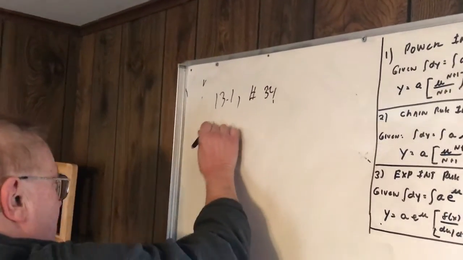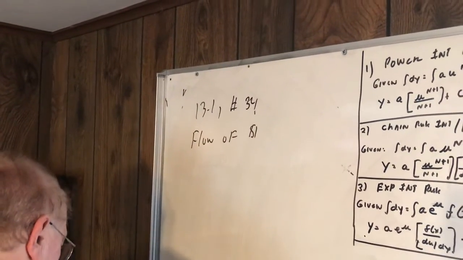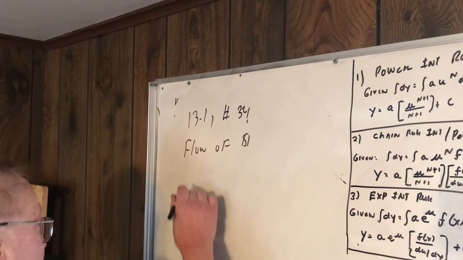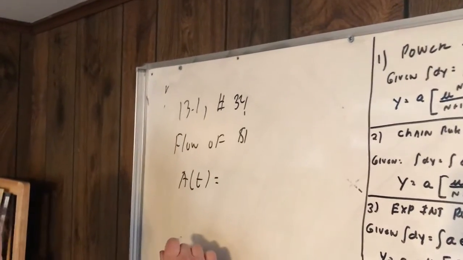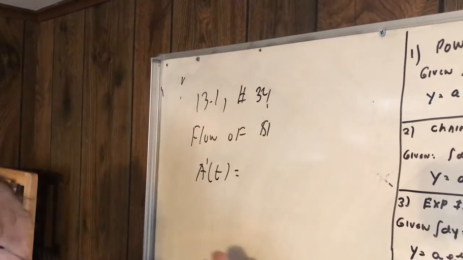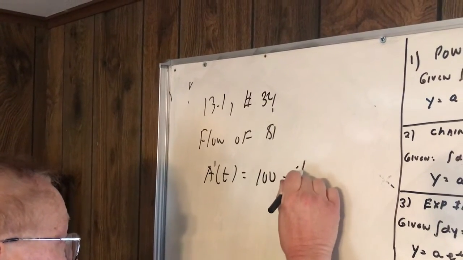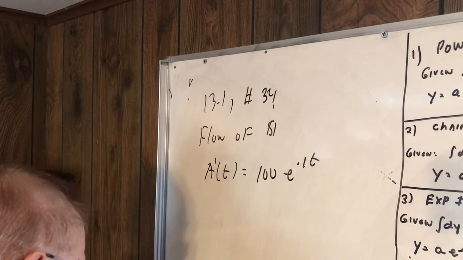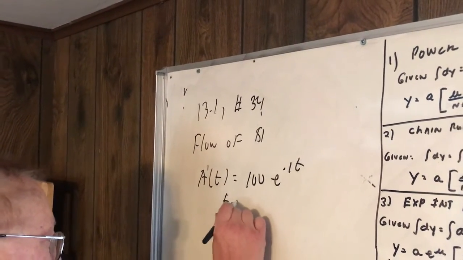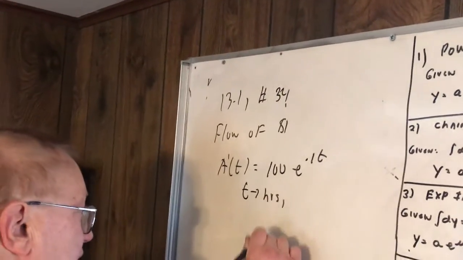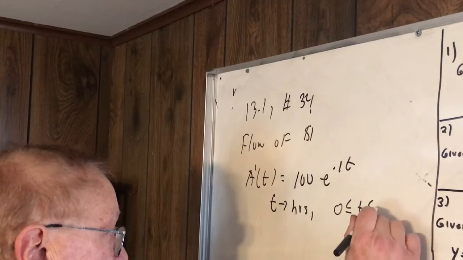It's called the flow of money. You have A(t). I would say that would be A prime of t is 100 e to the 0.1 t. Very similar to the one we had before. t is in hours. And this only holds for 10.